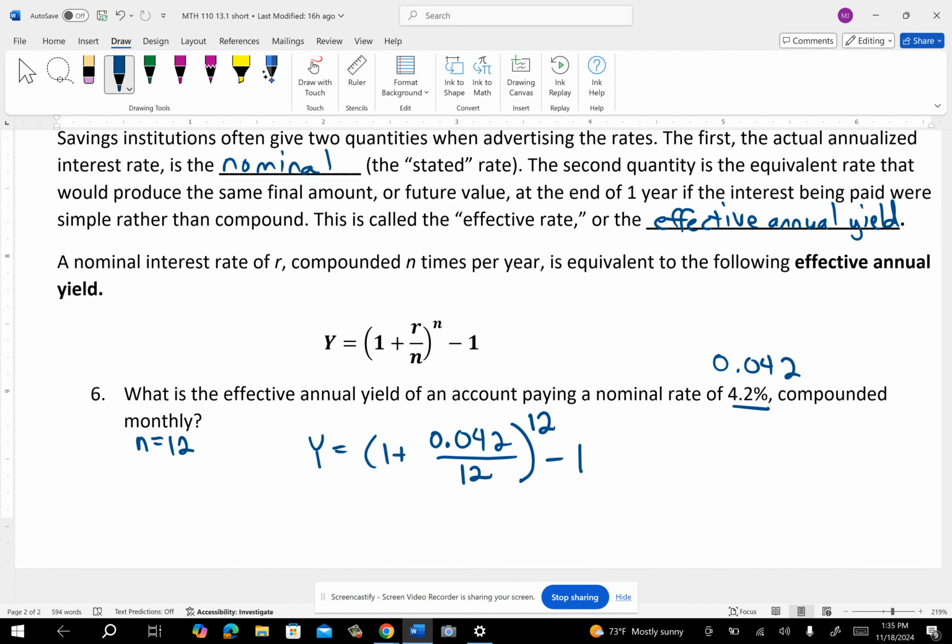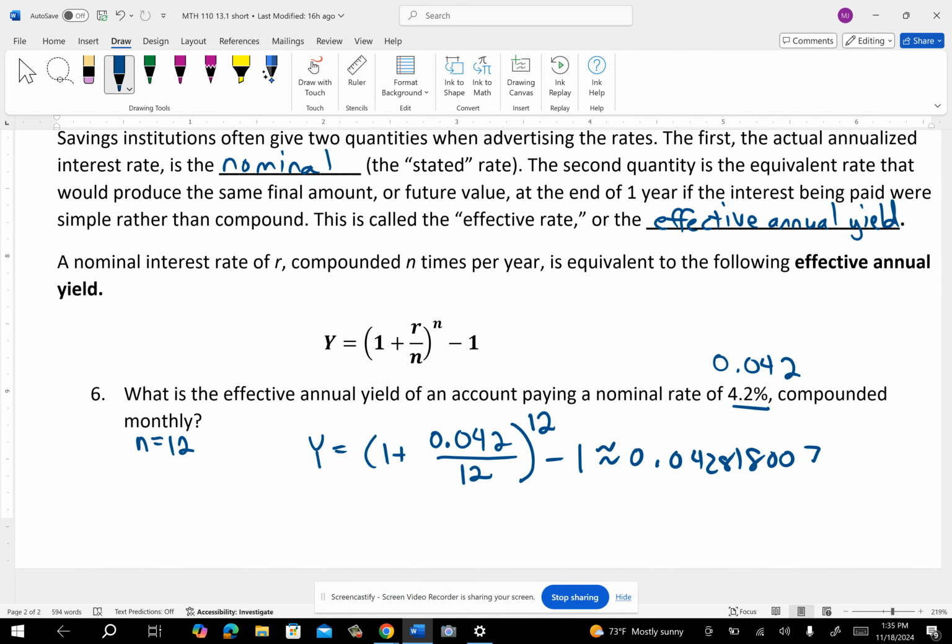I'm going to type that in: 1 plus 0.042 divided by 12, close the parenthesis. I didn't have a parenthesis like I should have, so let me try that again. Divided by 12, close the parenthesis, raise to the 12th power, hit enter, minus 1, and I get 0.042818007.